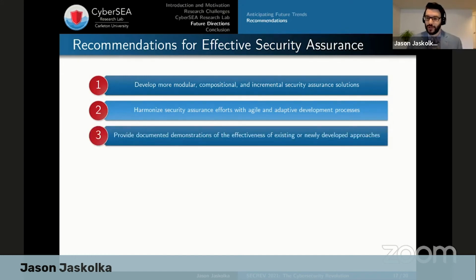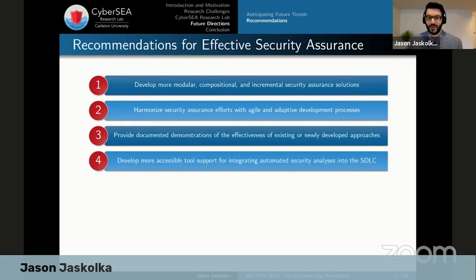When we come up with new approaches for security evaluation and assurance, we need to make sure that we provide documented demonstrations of their effectiveness so that they can be applied in a practical setting. Again, considering this idea of the practicality of these different approaches, we need to make sure that we develop much more accessible tool support for integrating these automated security analyses into the system development lifecycle.